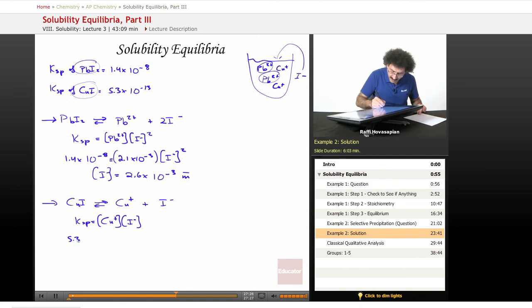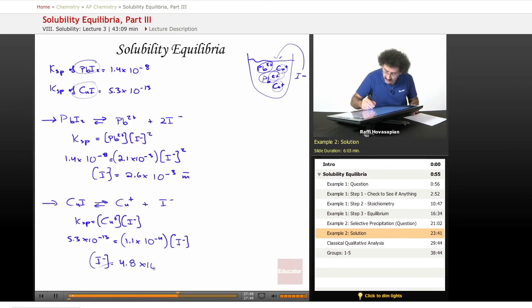So we have 5.3 times 10 to the negative 13 equals, well, they gave us the copper ion concentration to begin with, what's floating around in solution, 1.1 times 10 to the negative 4, and then just multiply by the iodide concentration. The final iodide concentration equals 4.8 times 10 to the negative 9 molarity.